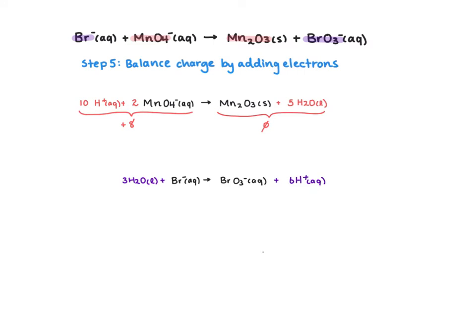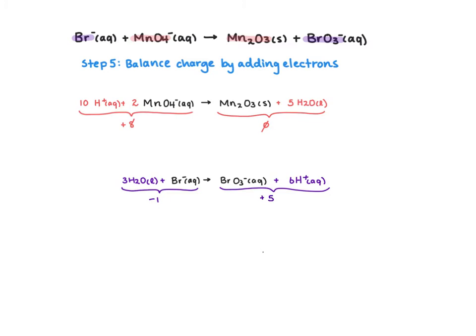In our bromine half reaction, we have a charge of minus 1 on our reactant side from the bromide ion, and on the product side negative 1 and positive 6 gives us positive 5.